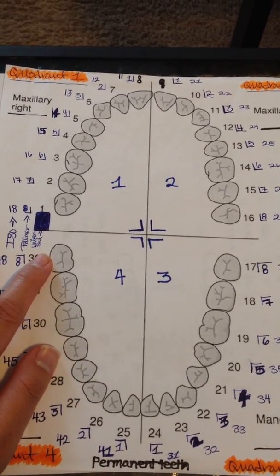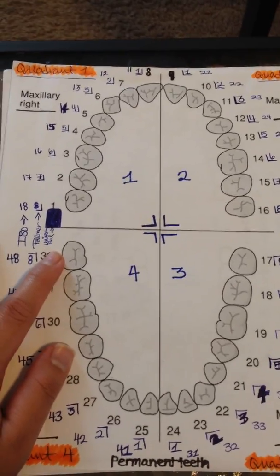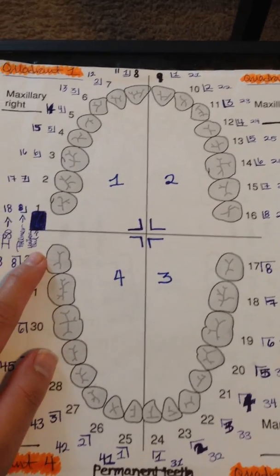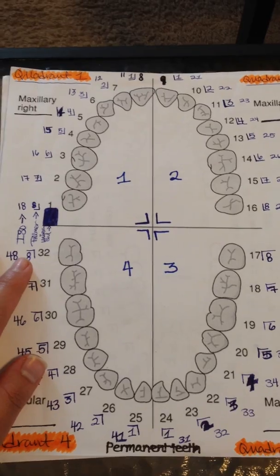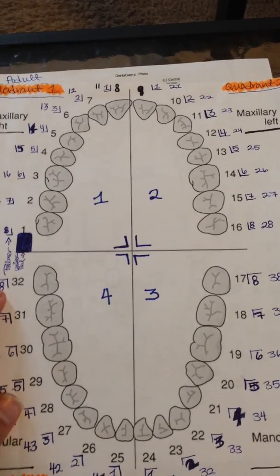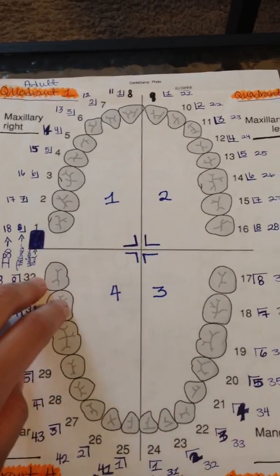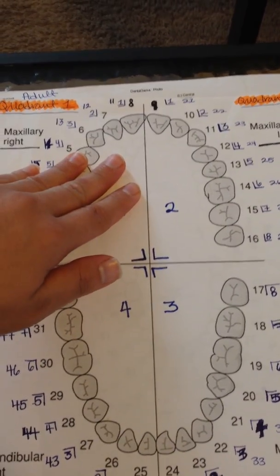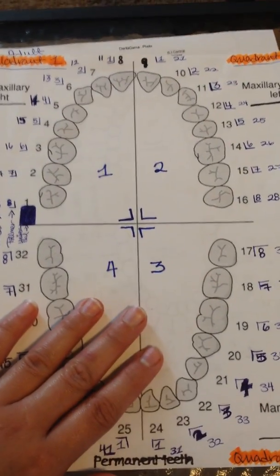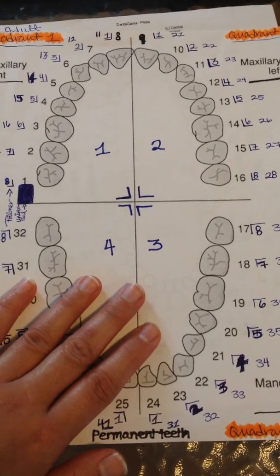That's in the universal numbering. And then you have to divide it in 2 sides, which is upper, we call it maxillary. Bottom, we call it mandibular.